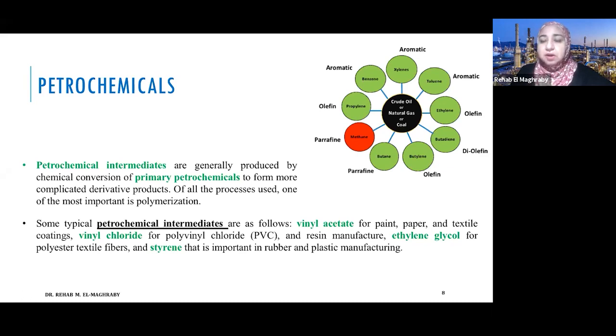Another example is the plastic bottles that you use every day. You go to the supermarket and buy a plastic bottle of mineral water. This plastic bottle is polyethylene terephthalate, which is a petrochemical. To produce polyethylene terephthalate, we have two components from the building blocks. We convert ethylene to ethylene glycol, and xylene to paraxylene.